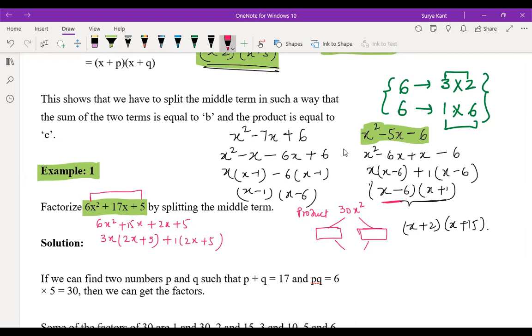Sriyanvi, but x plus 2 and x plus 15, how are you getting? Here we are getting correct, no? 15 twos are 30. It's correct, sir. Second, 3x into 1 into 2x plus 5. Sriyanvi, is the answer like this? Check once.